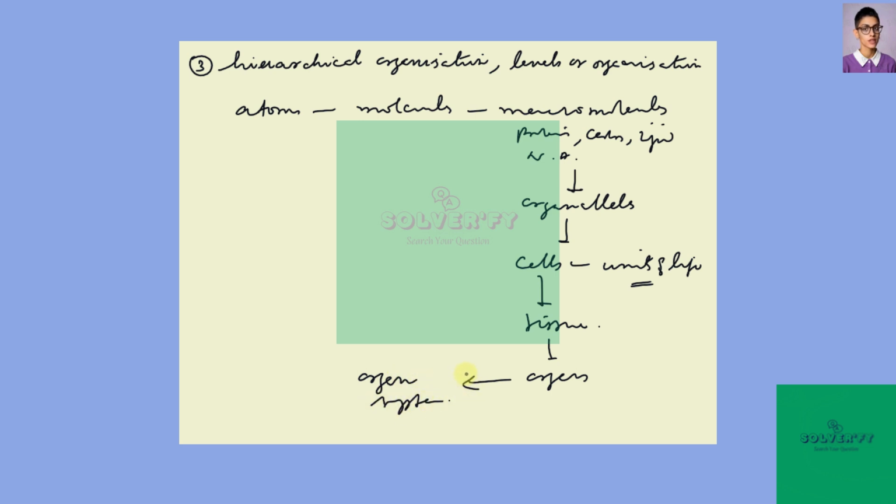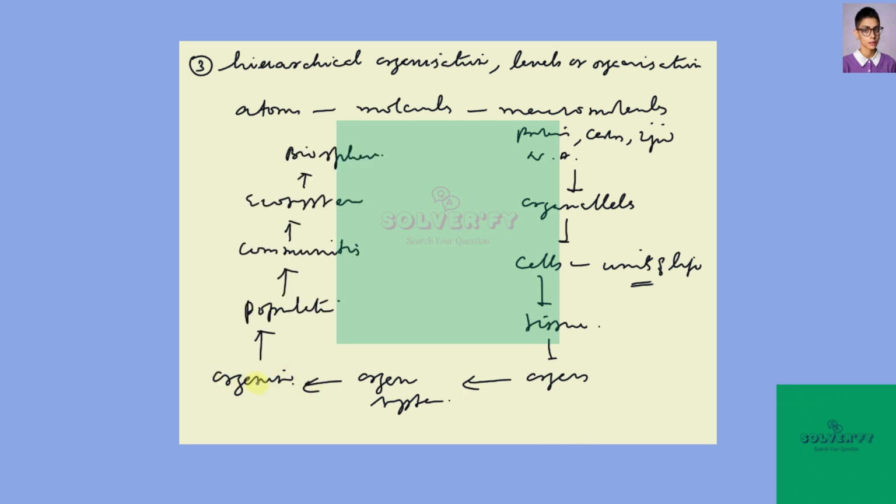Different organ systems work together to form an organism. An organism in turn can be a part of a population. Populations make up communities, and communities make up ecosystems, and finally the biosphere.